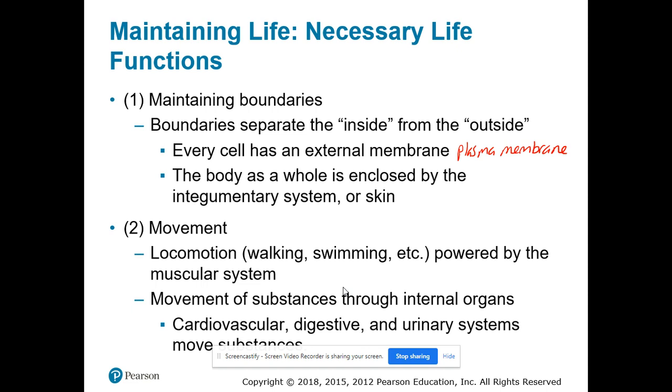Number 2 is movement. Movement includes all activities that are promoted by the muscular system. So any locomotion, including walking, swimming, running, bicycling, just even moving my mouth right now is using muscles to move. Another thing when we talk about movement is the movement of things within our internal organs or inside our body.